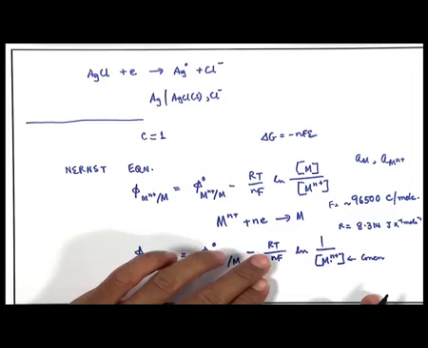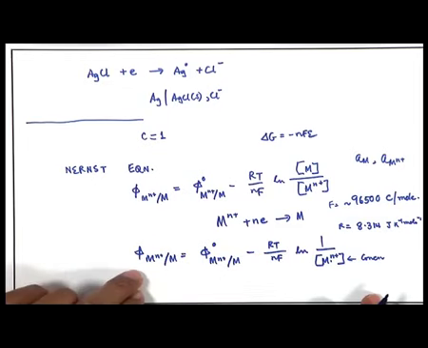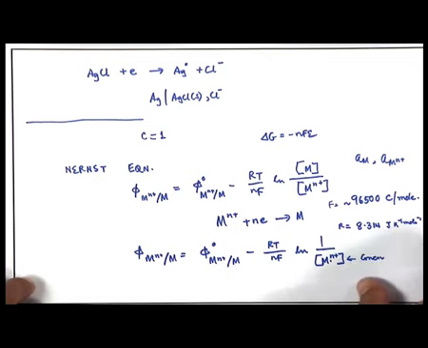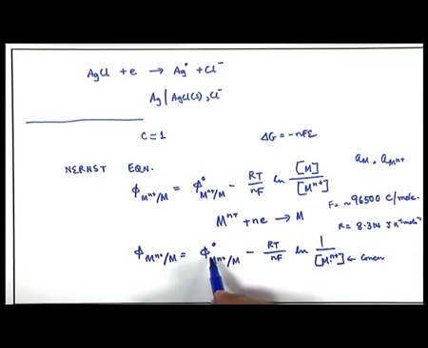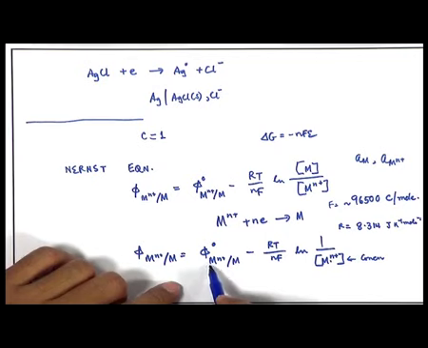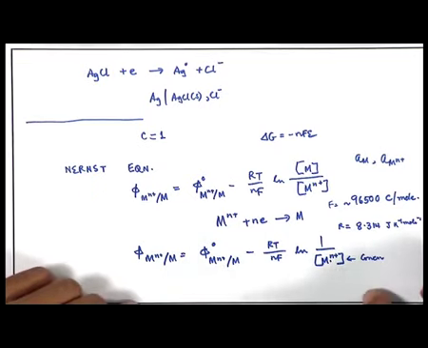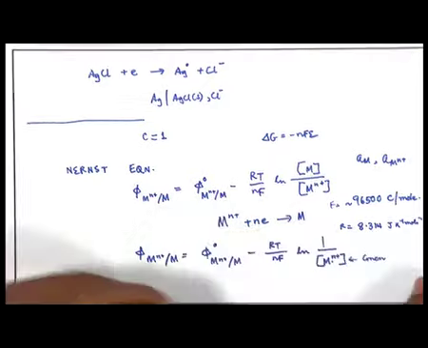Maybe for changing temperature the change in phi may not be that huge, but still there can be some change in the value of phi as you change the temperature. Okay. So, this is basically the standard reduction potential, and how to measure it, I already explained to you while discussing the construction of the cell with the standard hydrogen electrode.